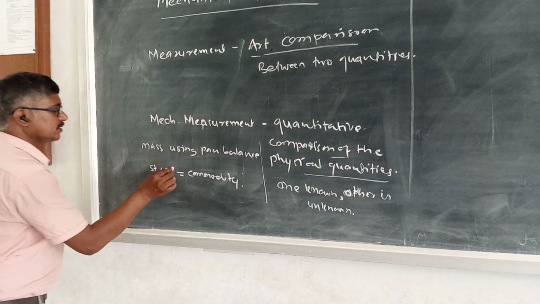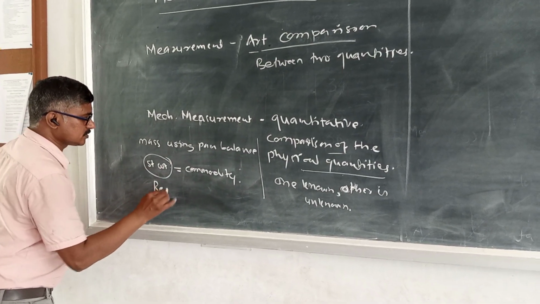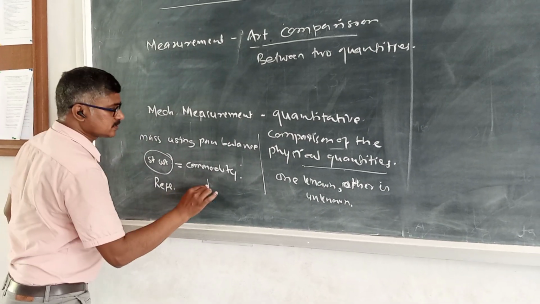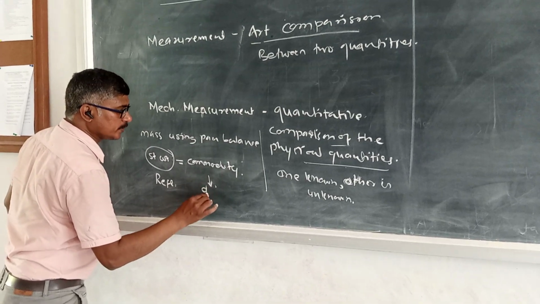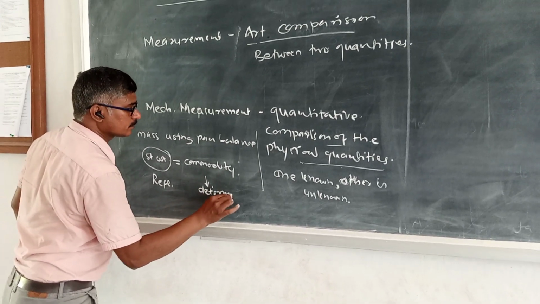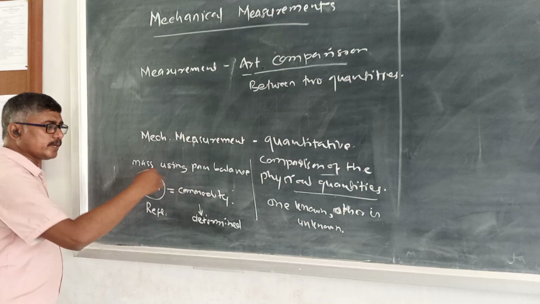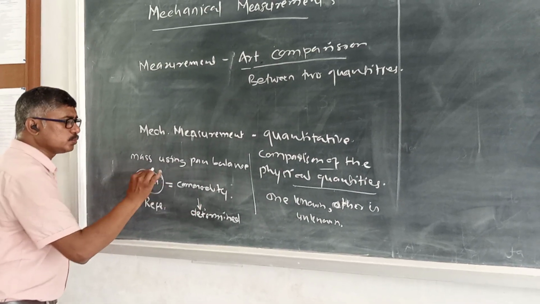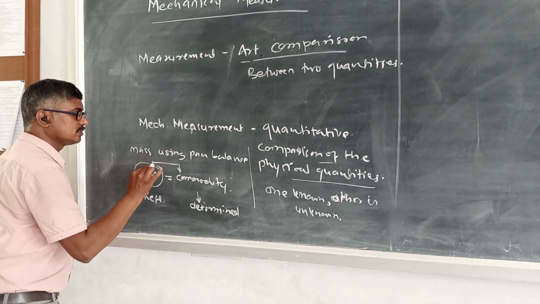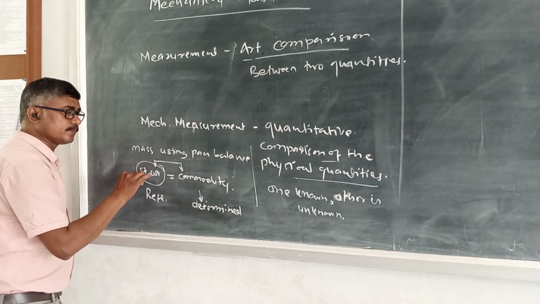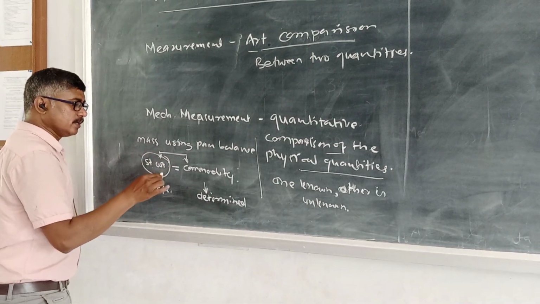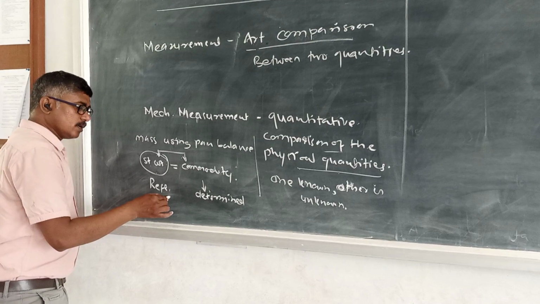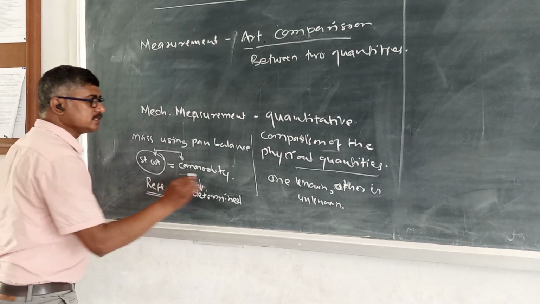So here this is known, that is the reference, and this is the value to be determined. Here we are comparing two different quantities which are functionally the same, but one is the accepted one and the other is compared.